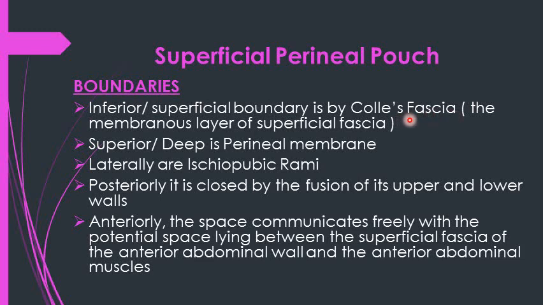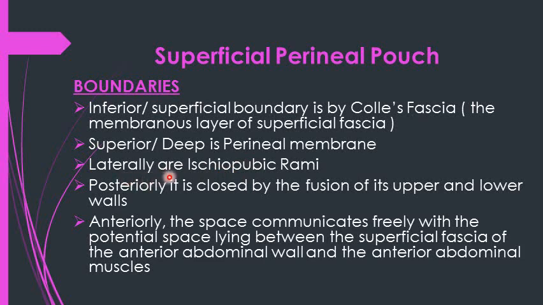So first, from the more superficial aspect, you encounter the Colles fascia, which makes the inferior boundary of the superficial perineal pouch. Then the deep boundary, which is its superior-most boundary, is the perineal membrane. Definitely it has to be present in its deep boundary, because I have already told you that the superficial perineal pouch lies below the perineal membrane. So that makes its superior boundary.